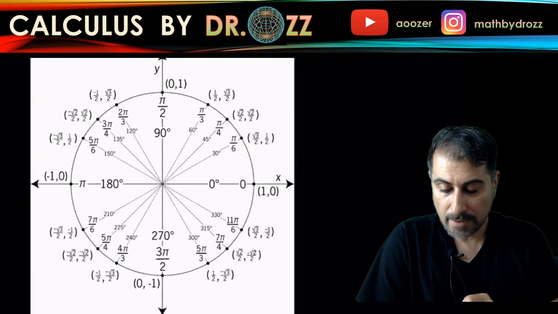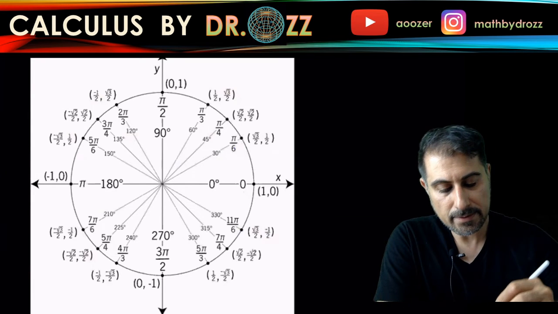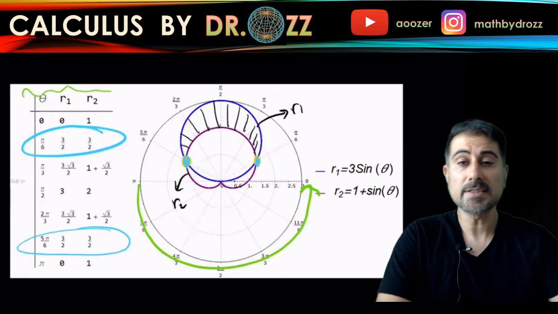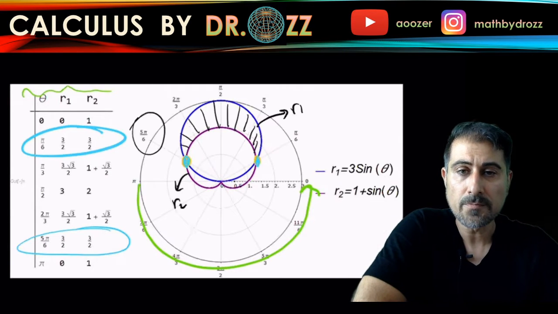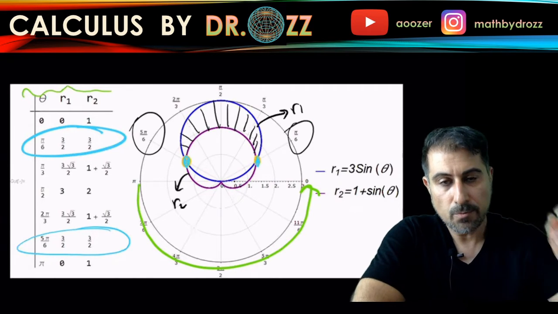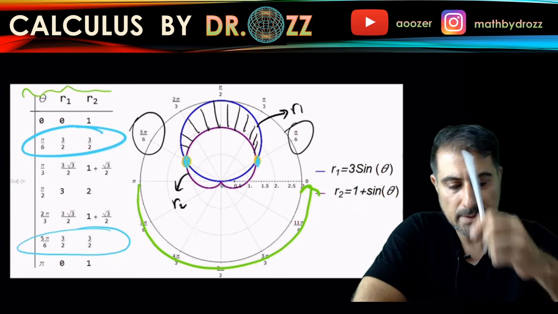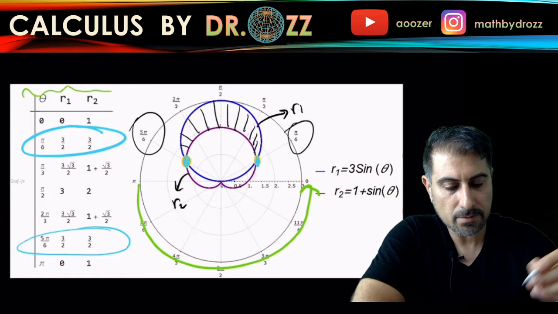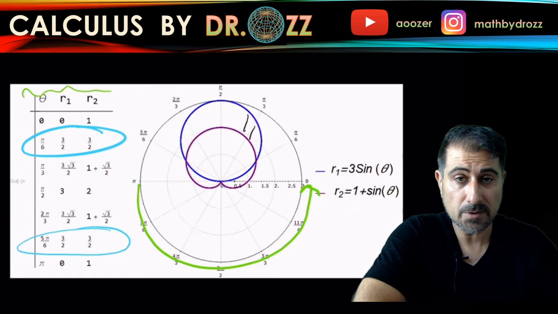So let's go back to this graph. We know that intersections happen at 5 pi over 6 and pi over 6. Let me label those. Now I'm trying to find the area. If I start from pi over 6, let me clean this up and just talk about the area part of this problem.